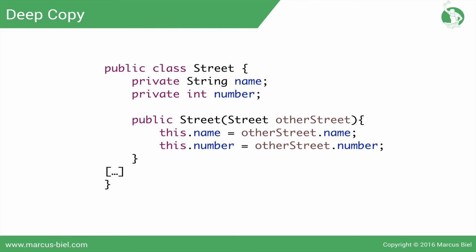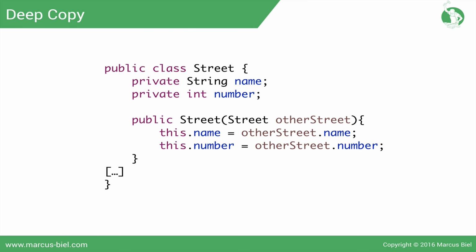Let's look at the street class to better illustrate this. The street class consists of two instance variables, string name and int number. Let's look at the int number first. It is a primitive value and not an object. It has no reference variable. It's just a simple value that can never be shared.